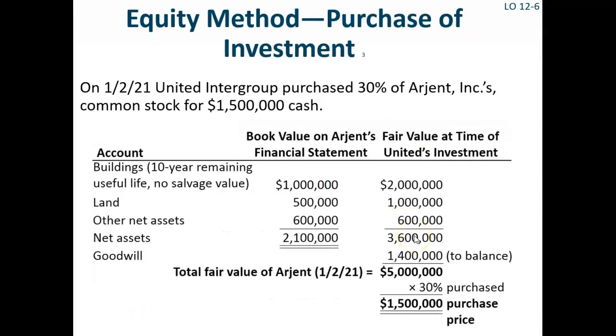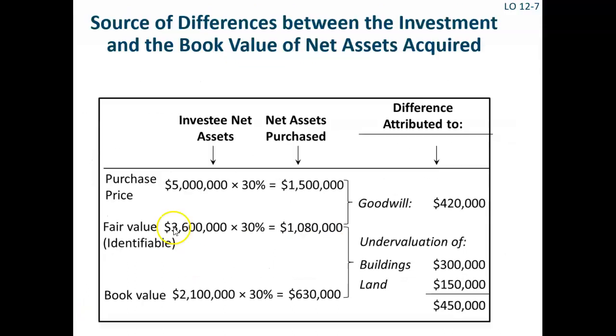The fair value of Argent's identifiable net assets is $3,600,000, while the book value of those same assets is $2,100,000. And that's where the fair value and the book value on this slide come from.